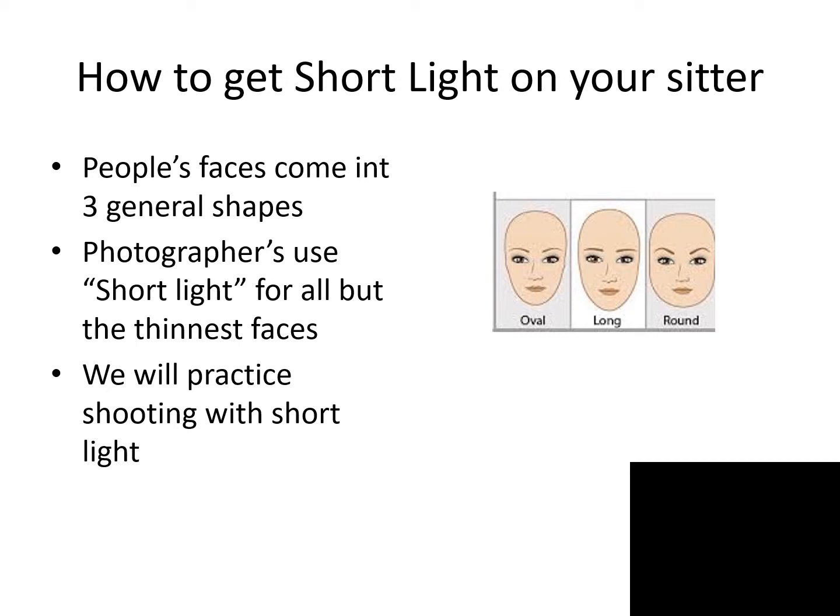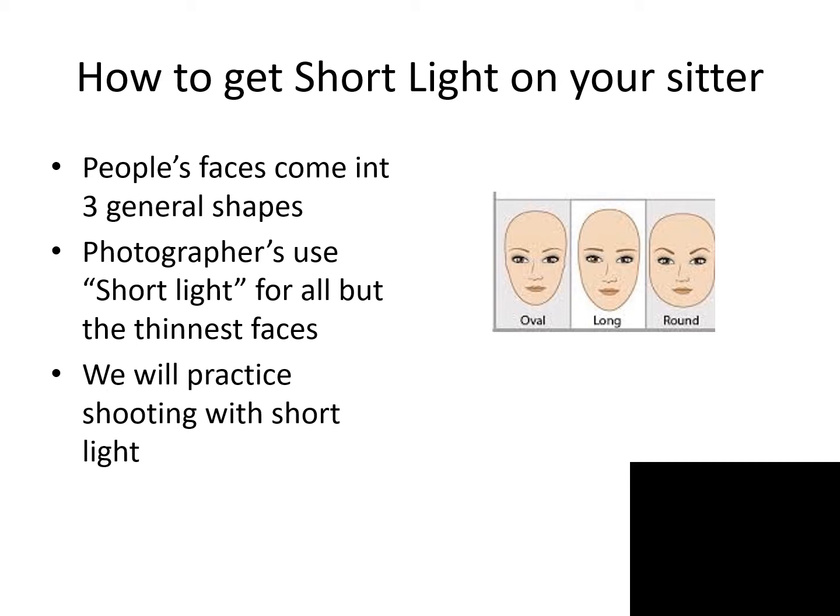So we need to be able to assess when somebody walks in the door. You guys are going to be lucky. You're going to work with friends or family. But if you're going into wedding and portrait photography, you have to start making judgments about what kind of faces people have.